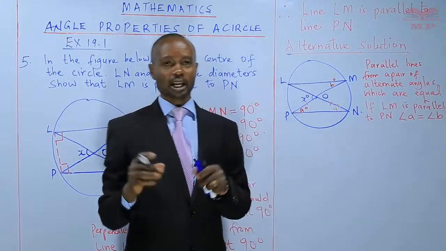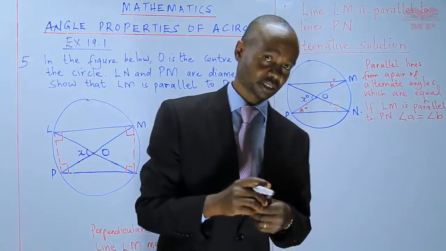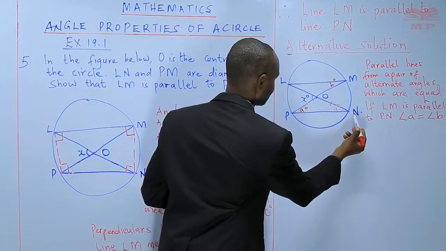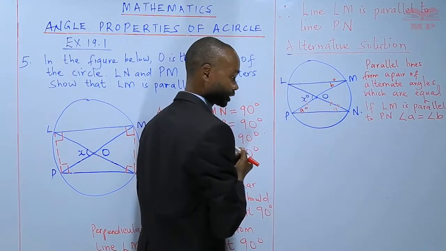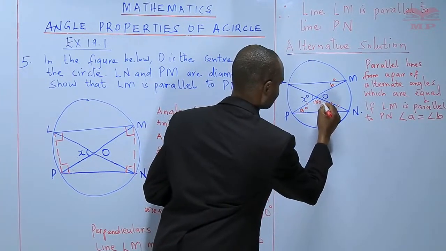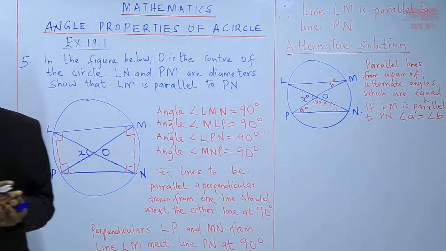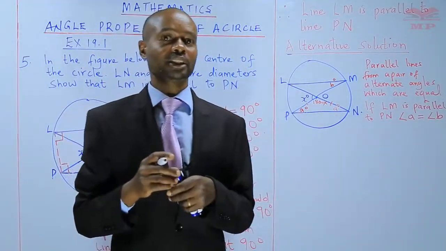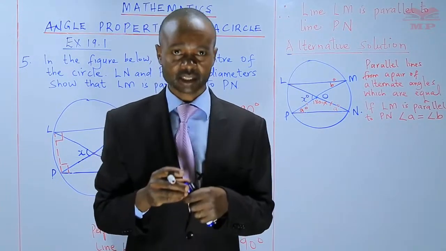There is another angle in the isosceles triangle which we've not got, but X will help us to get that angle. That angle is PON. Given that X added to that angle gives 180, the value of PON will be 180 minus X degrees. So we go back to the concept that the three angles in a triangle add up to 180 degrees.